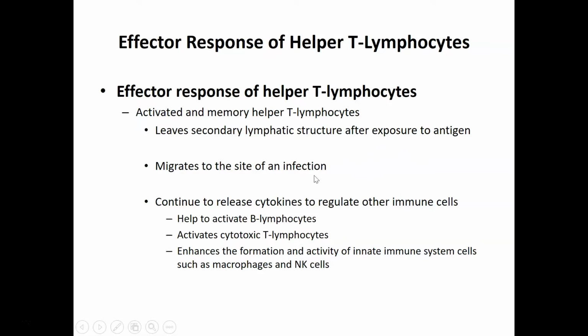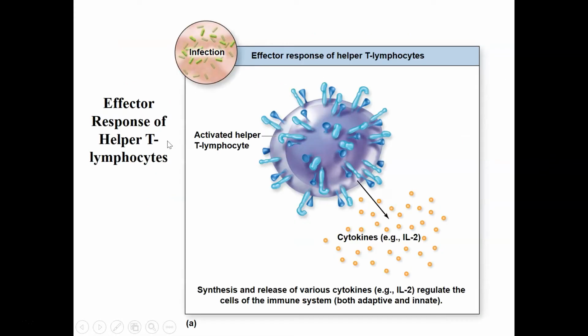And once there, it's going to secrete this cytokine soup, which is going to be helping to stimulate the activity of all these other cells, as I mentioned before: B cells, cytotoxic T cells, and cells of the innate immune response. So this slide is just illustrating, it's not a very good illustration to be honest with you, but this is the effector response of an activated helper T cell secreting a bunch of cytokines to stimulate the immune response in general.